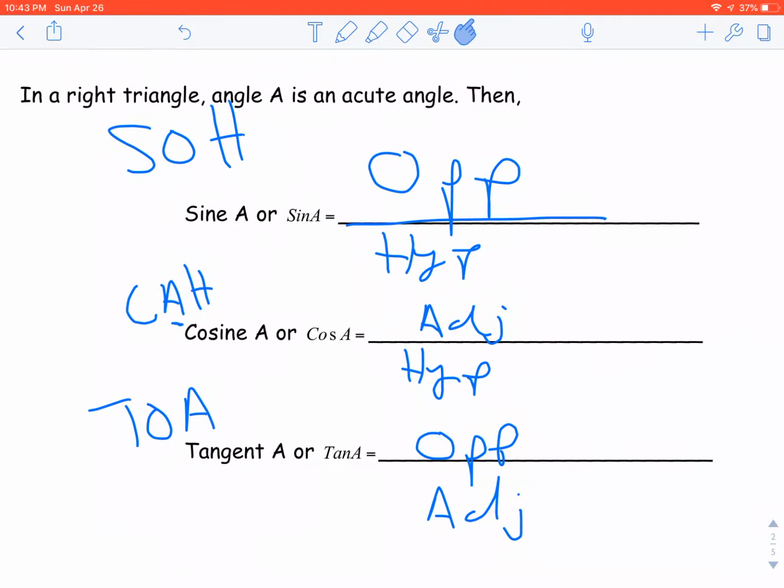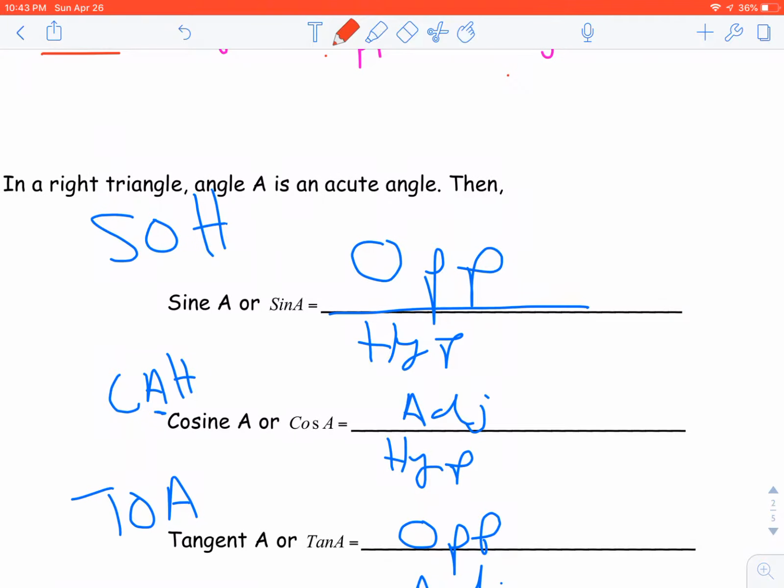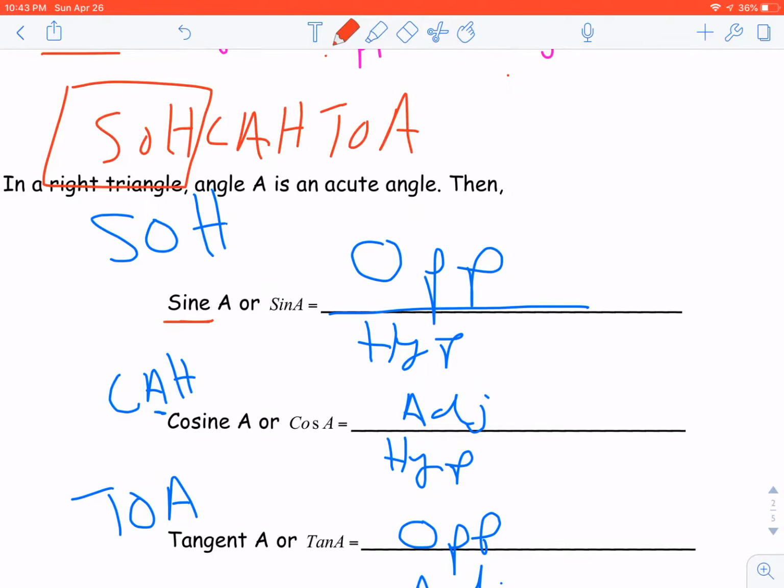Now, these are all ratios. Okay? So, we need to know how to set up the ratio. Well, the way that SOHCAHTOA is spelled, the order in which it's spelled tells you what goes on top, what goes on bottom. So, for example, if you had to use the sine function, it is spelled S-O-H.